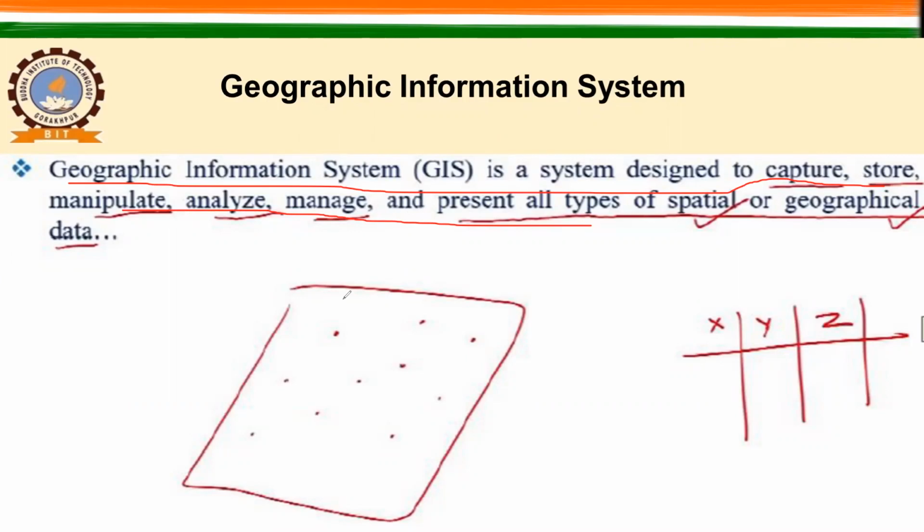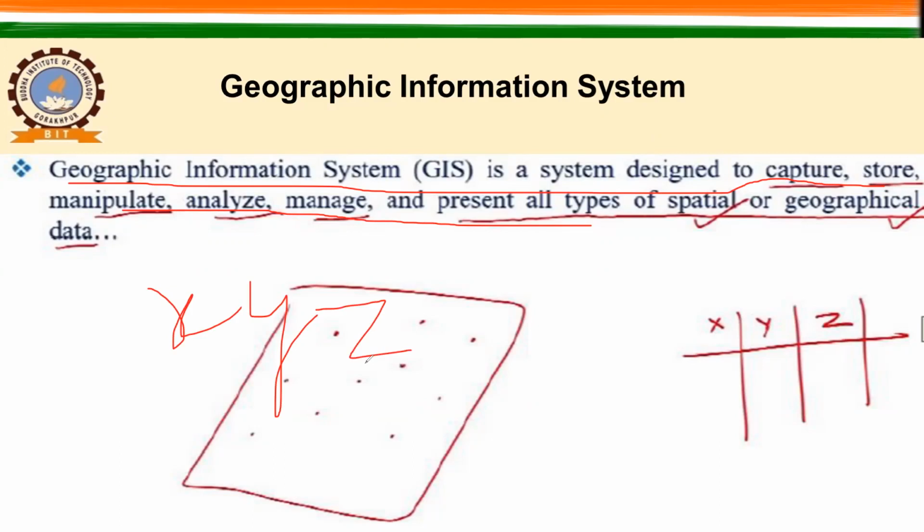Whenever we are involving GIS analysis, we always use spatial or geographical data. Let us consider some parameters like x, y and z, okay? It can be any parameter, but we don't have any location values attached to these parameters.